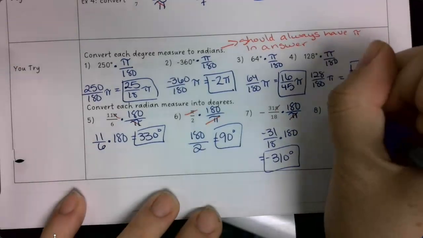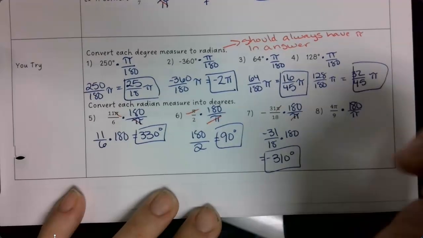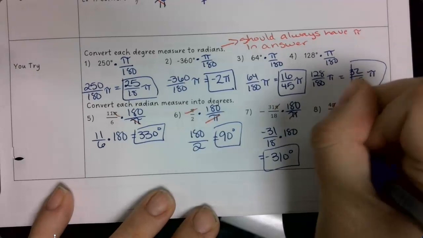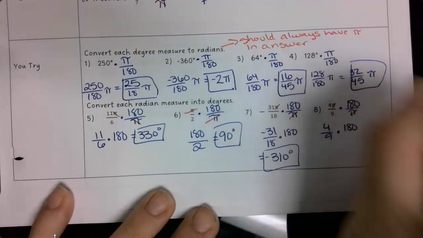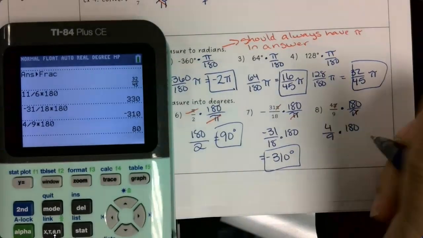And then my last one, I multiply by 180 over pi again. Pi's will cancel out. So I have 4/9 times 180, which just gives me 80.